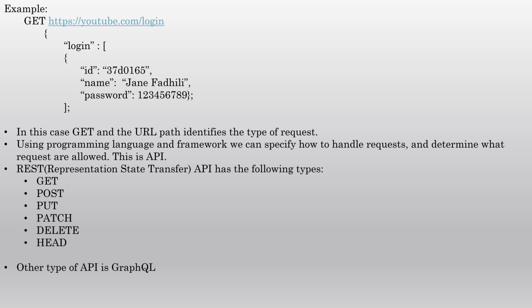So if you wanted to register, if you wrote register here instead of login, then you will have to use POST so that it creates a new user. So the REST API is Representational State Transfer. It's very simple, and that's why most of the people who do backend use the REST API.